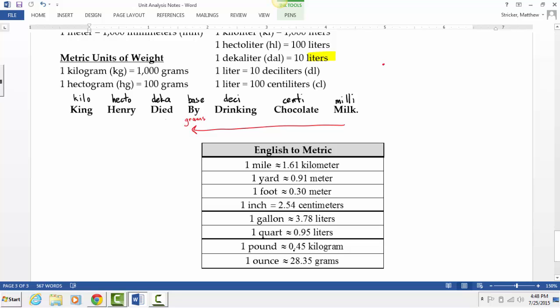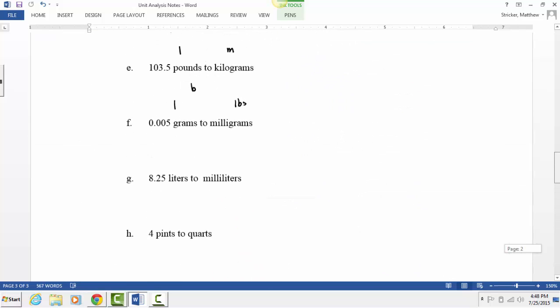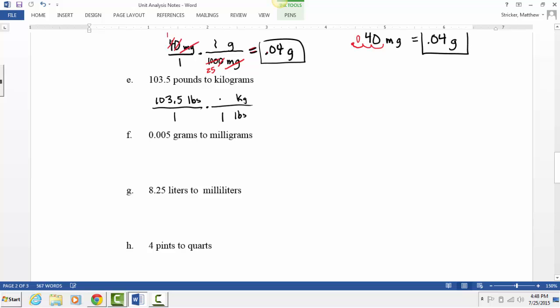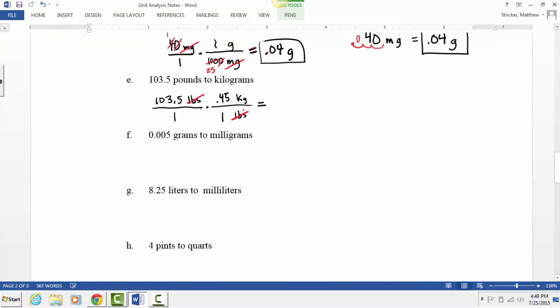Pounds to kilograms. 1 pound is 0.45 kilograms. Units of pounds cancel, and then we just multiply across. 103.5 times 0.45. If I round to 2 decimal places, this would be 46.58 kilograms.